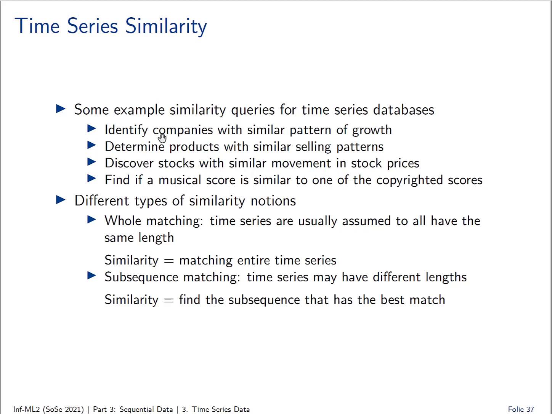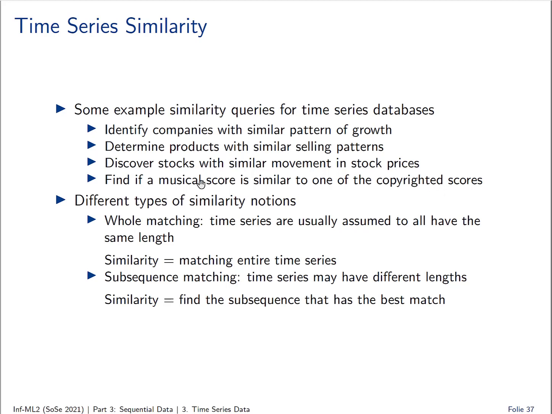Yeah, so all these things are different applications, of course, and in all cases we could think about comparing the entire time series that we have with each other. But also in all of those cases we could think about, well, for example, take this musical score thing. If we just find a subsequence of the time series that is similar for one specific music score that is similar to a copyrighted one, then we may already think about some kind of violation of the copyright.